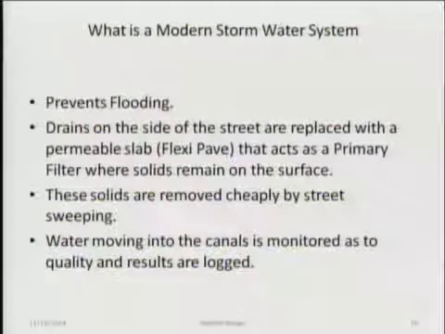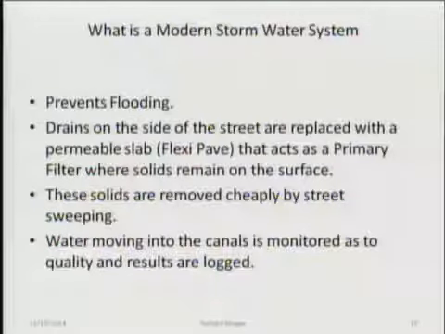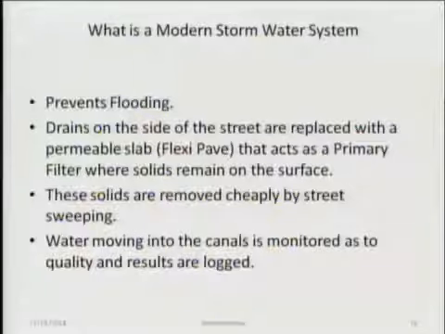And so what happens is, instead of having the culvert in the side of the street that the water goes down, the water goes through this pad, which is pretty good size. In round terms, these things are 4 feet by 2.5 or 3 feet, and they're placed in the street. The solids, the leaves, the sticks, and all that material, remain on the surface.